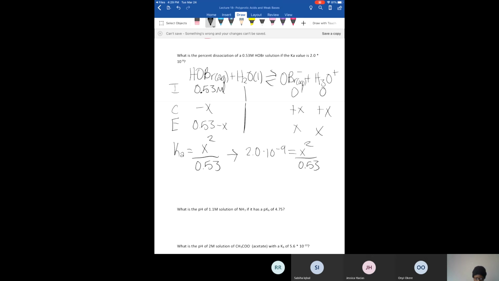So 2 times 10 to the negative 9 times 0.53 gives you x squared equals 1.06 times 10 to the negative 9. So x is 3.26 times 10 to the negative 5.